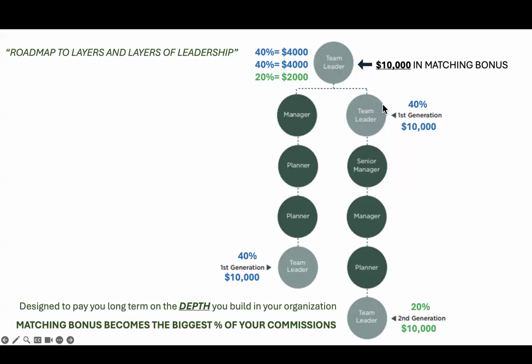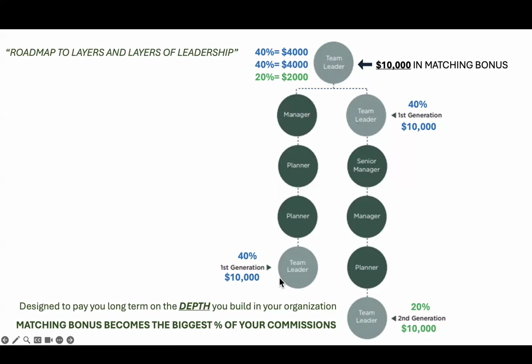So the best way I could put it is, based on their rebate, open group, retail sales, let's say your first generation team leader here generated $10,000 in commissions. If I'm getting 40% on my first generation, 40% of 10 grand, then I'm taking $4,000. Now let's just say over here there's a manager who went team leader on the 4th level, but there's no other team leader in between us, so that makes him the first generation team leader.